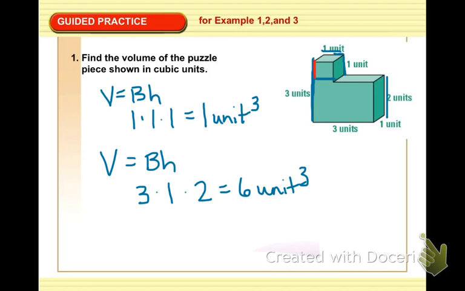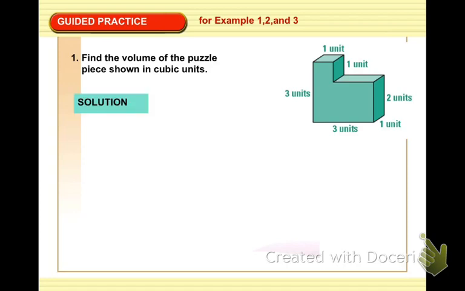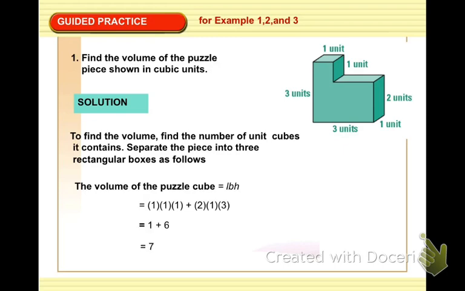So we would have 1 plus 6 to give us a total volume of 7 units cubed for the addition of both of them together. Okay, so 7 units cubed.